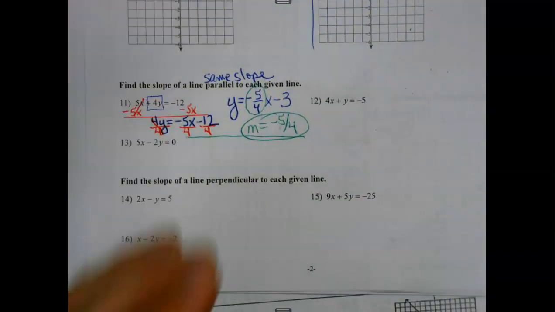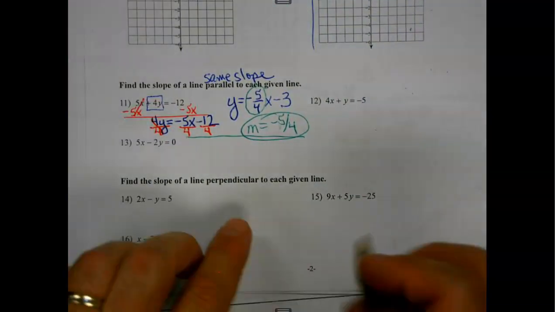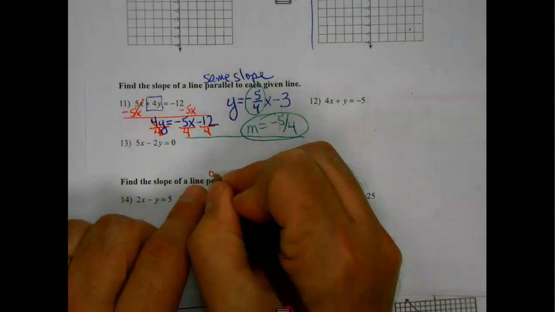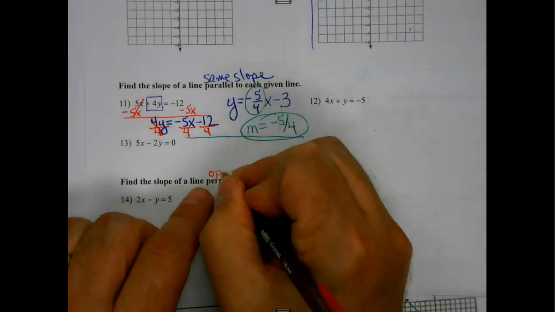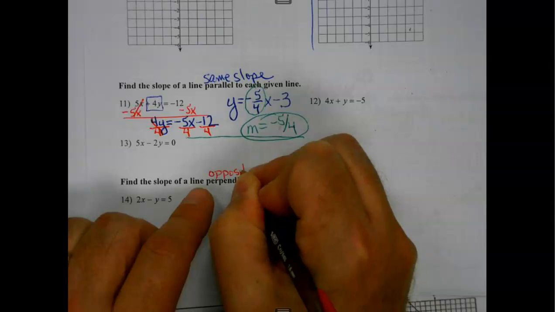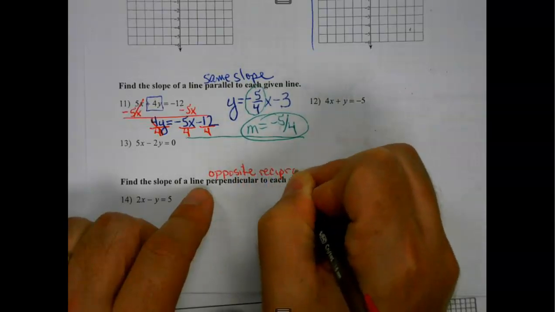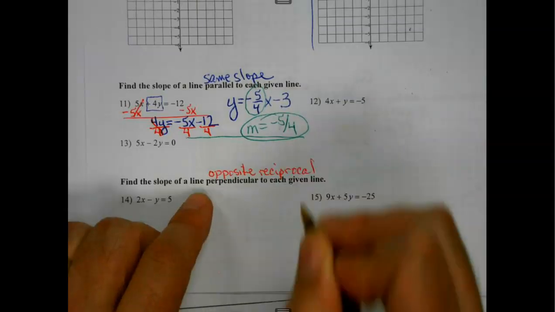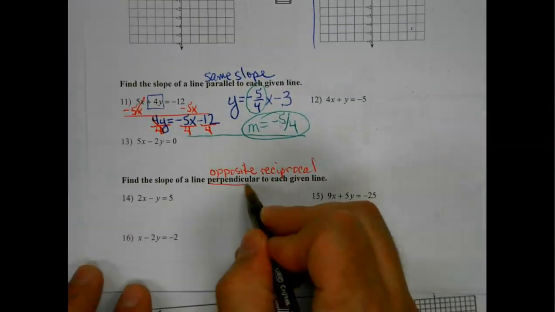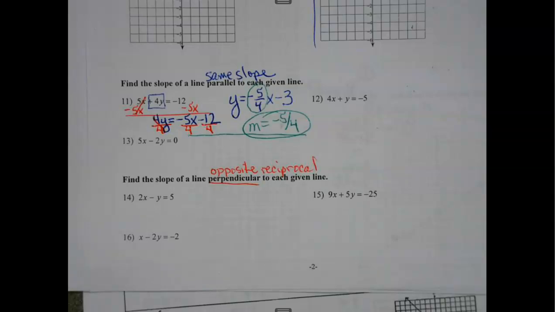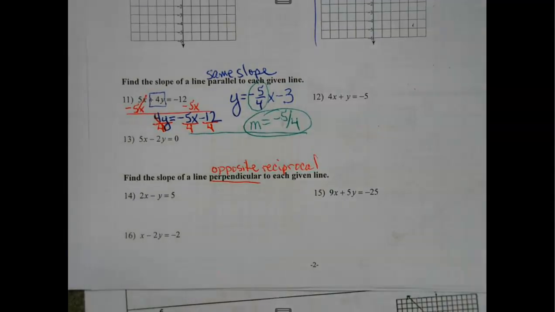if we do the perpendicular, this is the last one. This is the one where we went the crazy big words yesterday, the opposite reciprocal. I'll explain that when we get to it here in a moment. So I look and I'm like, okay, we'll do the first one, last one.